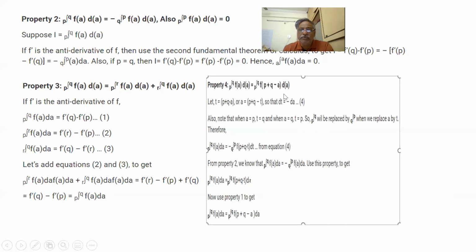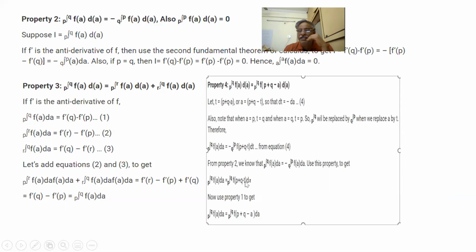So now, when we rewrite this, integral from p to q of f(a) dA can be written as, in place of a, I am putting p plus q minus t, because a is defined as p plus q minus t. f(p plus q minus t) dt from q to p. Because dA is equal to minus dt, I put minus dt. So we know the minus can be removed by changing the limits. So this becomes integral from p to q of f(p plus q minus t) dt.